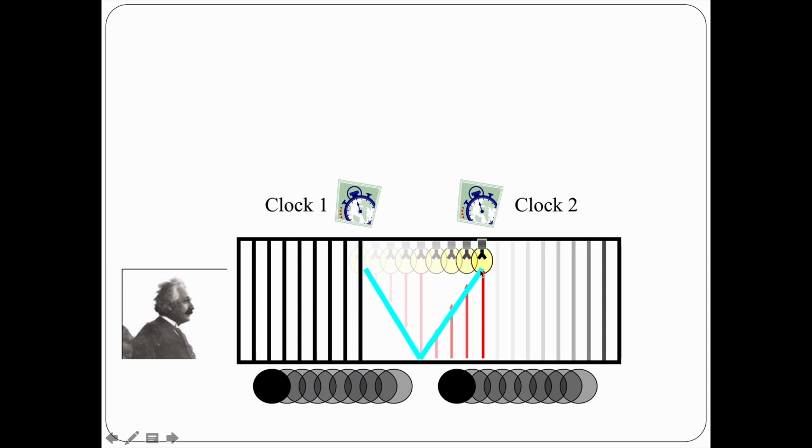You're not allowed to add the velocity of the train, right? And clearly this distance is longer than this distance, and this distance is longer than this distance, right? So the time it took to go down and up again, as seen from the platform, is longer. To someone on the platform measuring that effect, the clock runs slow.